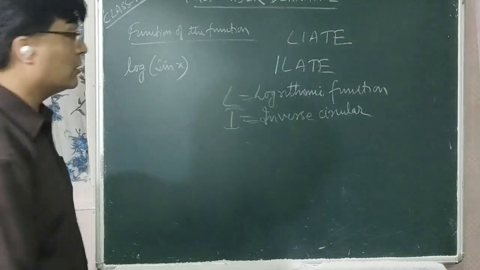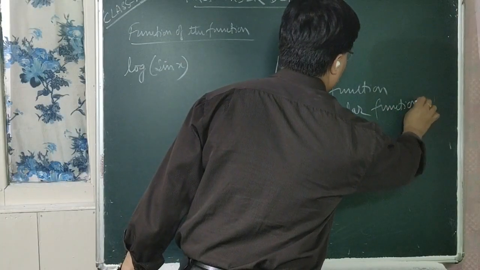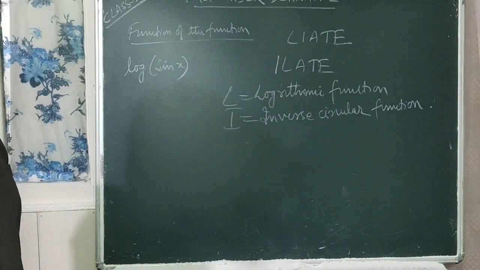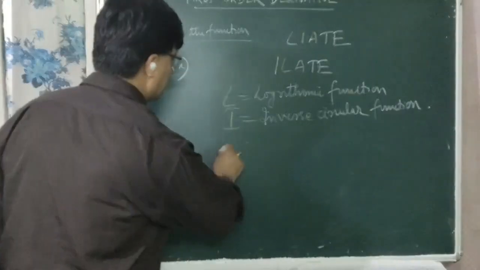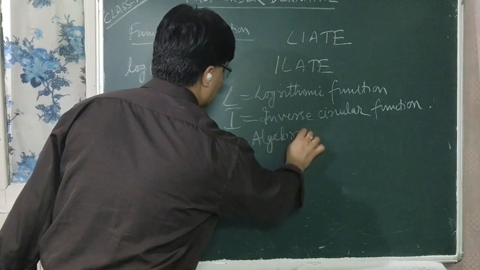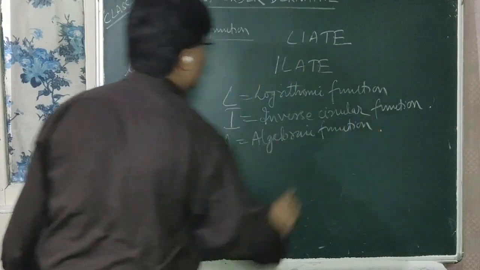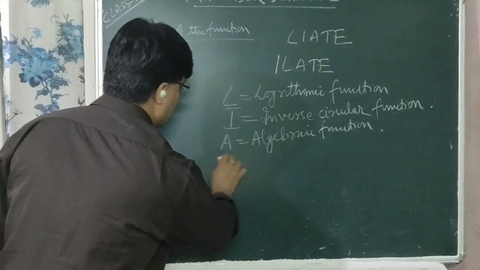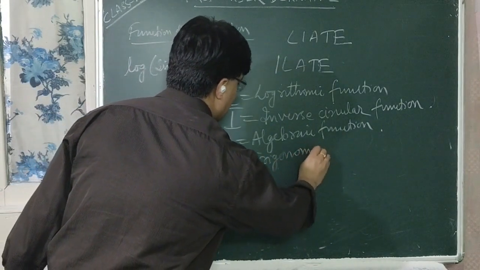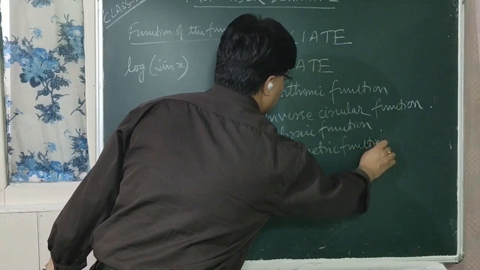So I is inverse circular function, and A means algebraic function. And what is T? T is trigonometric function.